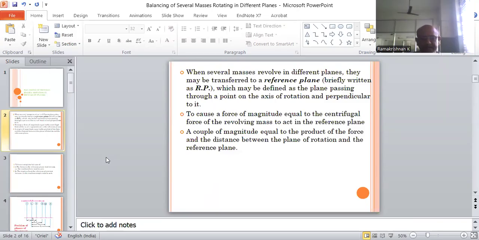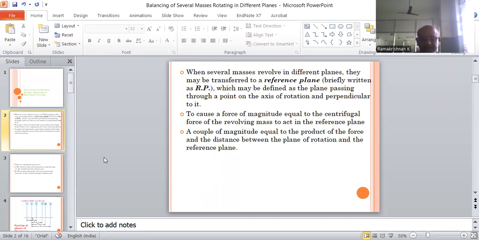The idea behind transferring all the planes having the rotating mass to the reference plane is that every mass rotating in a plane causes a centrifugal force. Transferring it to the reference plane causes a centrifugal force equal in magnitude to the centrifugal force of the revolving mass in its separate plane.